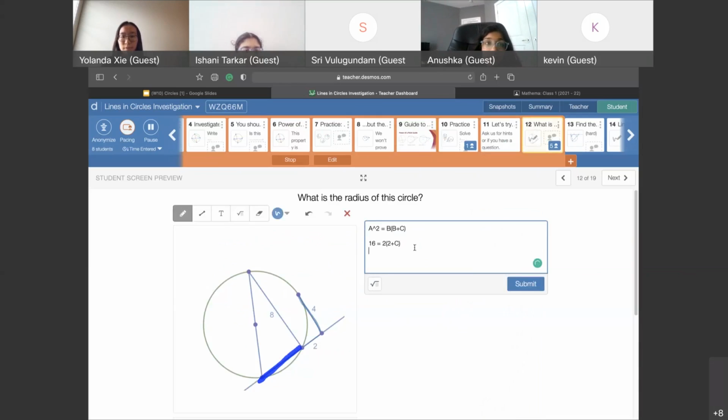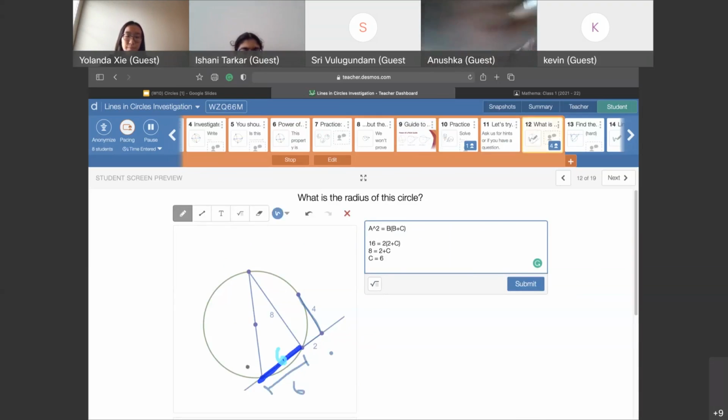So 16 equals 2 times 2 plus c. If we divide both sides by 2, then we get 8 equals 2 plus c. So c equals 6.